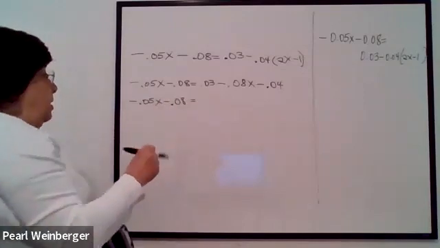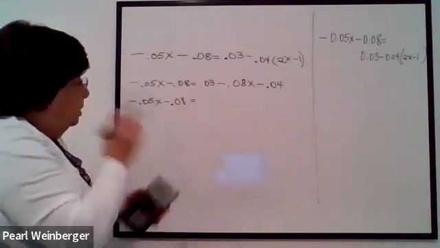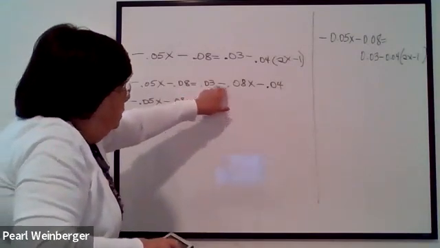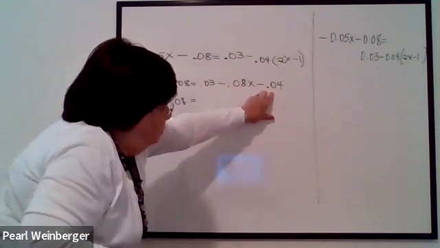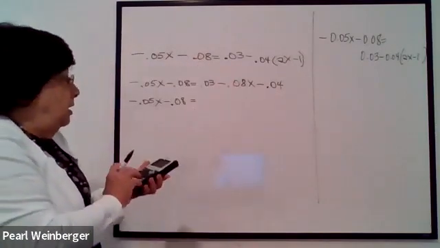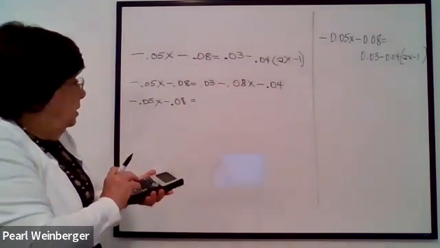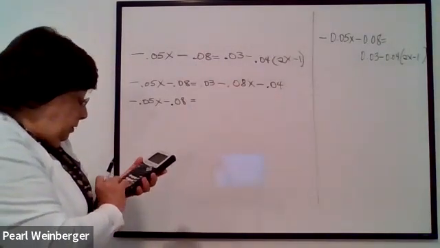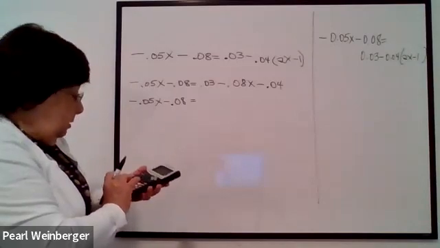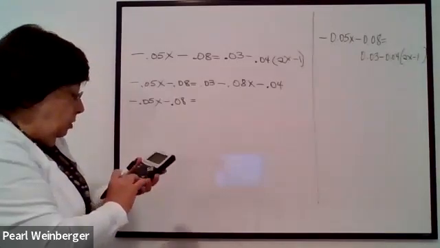And now on my right side, what I have to combine is the 0.03 and the negative 0.04, because those are the constants. They don't have any variables. So I do 0.03 minus 0.04.